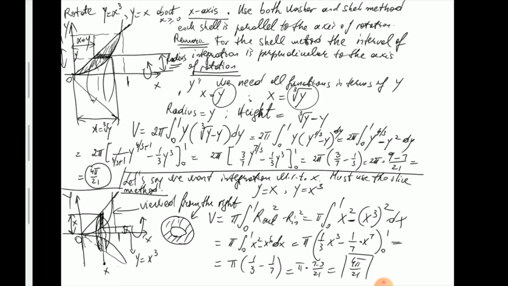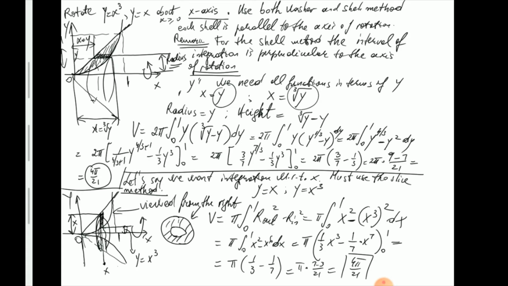So again, the variable of integration is dictated in the end by the method you use and the axis of rotation. If the axis of rotation was vertical, then the variable of integration is the opposite. It would have been x for the shell method and y for the washer method.